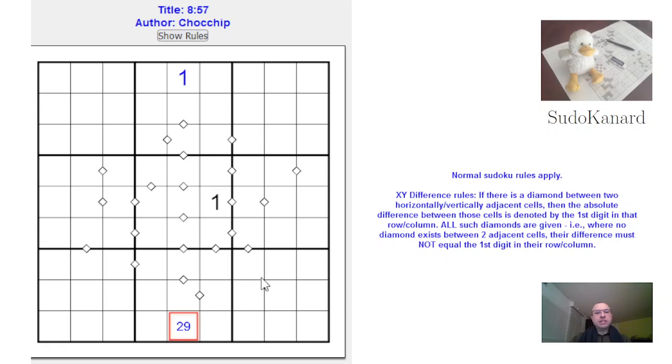So if this is the 2, then we have 3, 2, 3, 4, 5, 6, 7, 8, 9 in this order. And if this is 9, then this can't be 8, so 8 must be at the other end with 7, 6, 5, 4, 3, and 2. So we get pairs along the column. So that's the first thing.